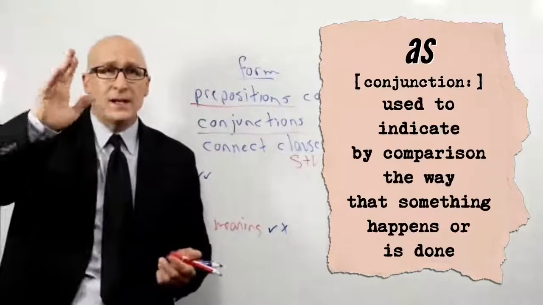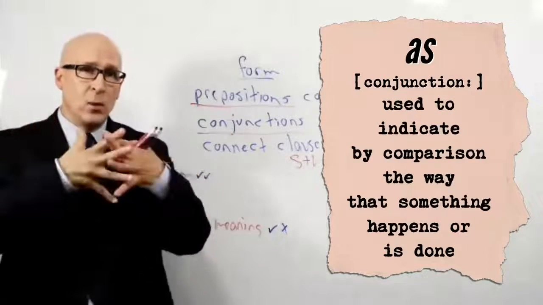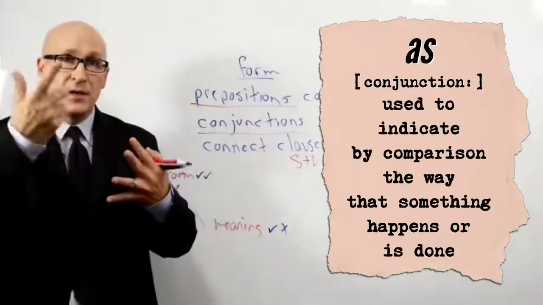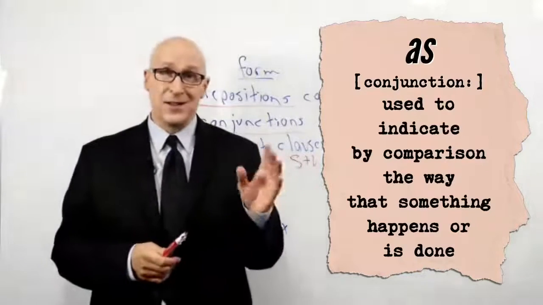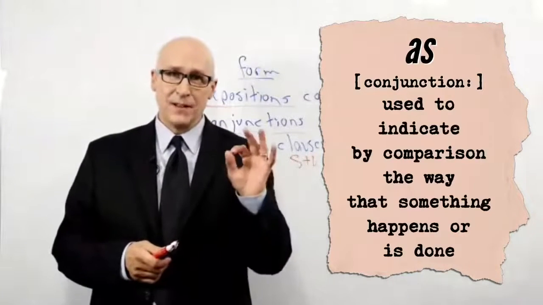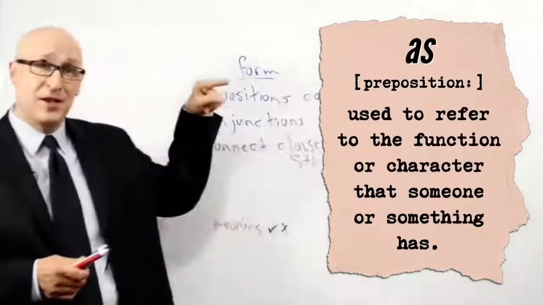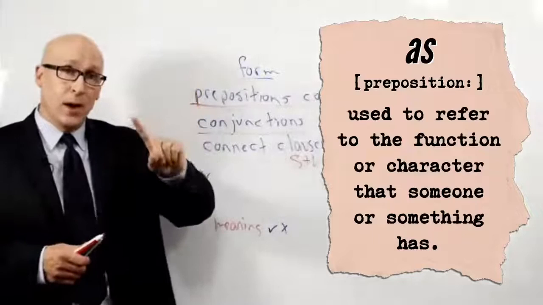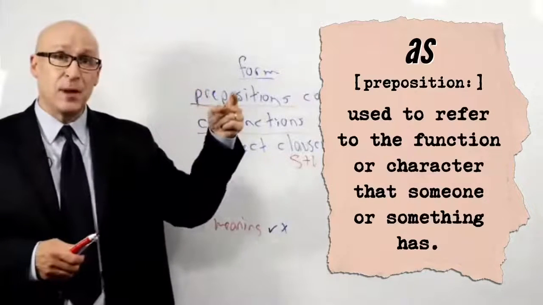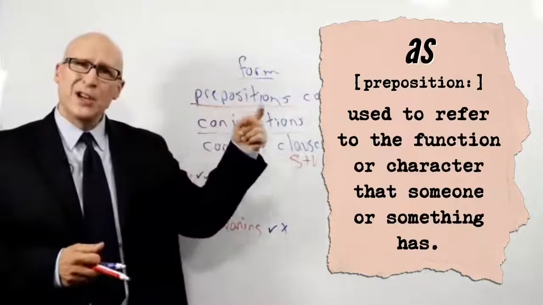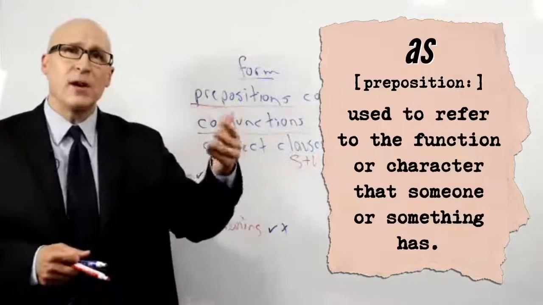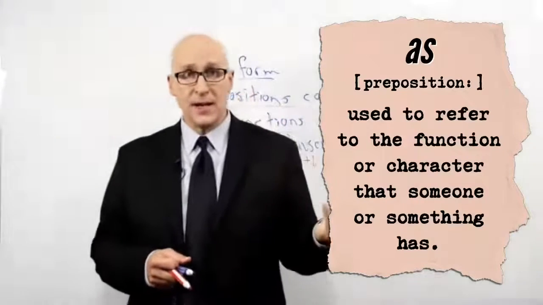Now there is one exception where we get some overlap. There's another way to use as, and this is where it gets confusing. Let's go to that one. As can also be a preposition. There's one particular case where as is a preposition, which means used to refer to the function or character that someone or something has.